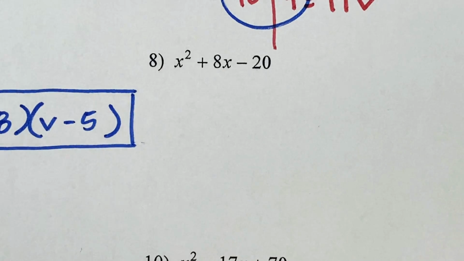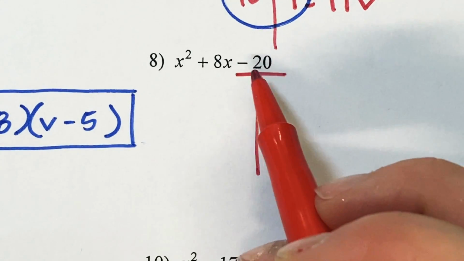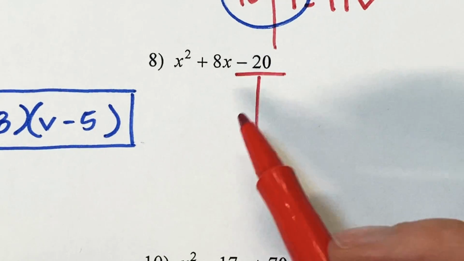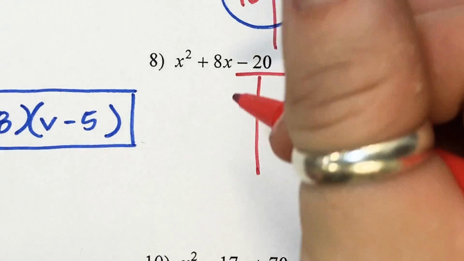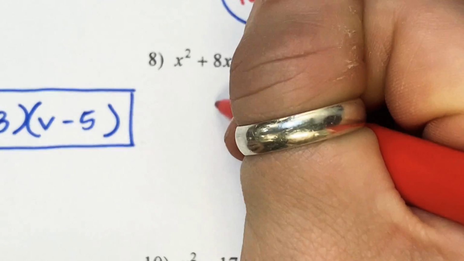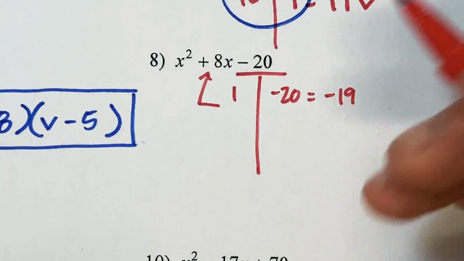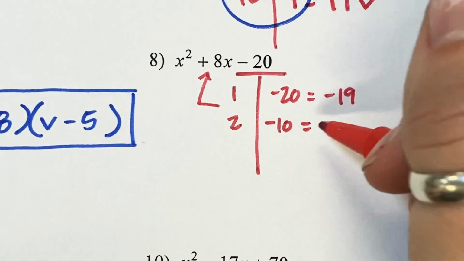Okay, let's do it again for number 8. So this time it has to be a negative. It multiplies to give us a negative. Okay, so one number has to be positive, the other has to be negative. Okay, so maybe 1 and negative 20. No, it's going to give us negative 19 because we have to add it to equal 8. 2 and negative 10.